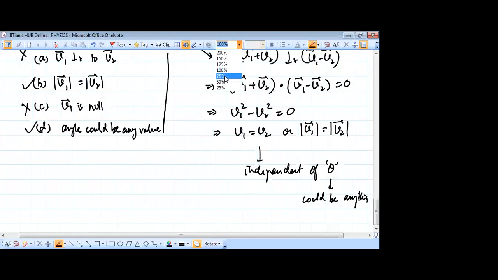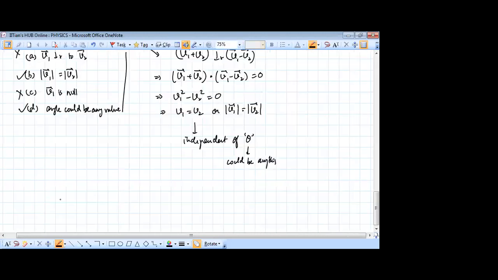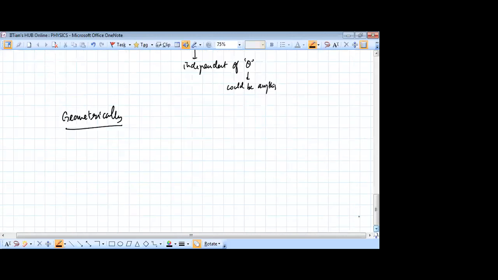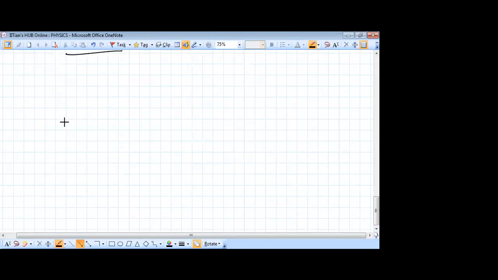Okay. Let's also understand this geometrically. Suppose this is V1 and this is V2. Then we draw the vector parallelogram like this.